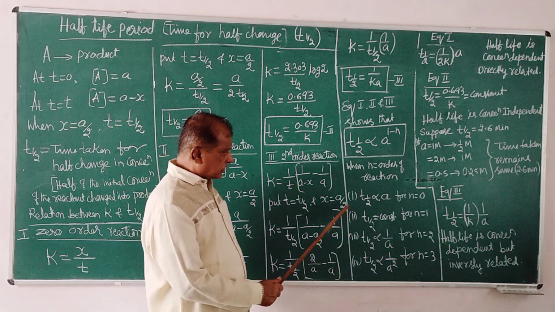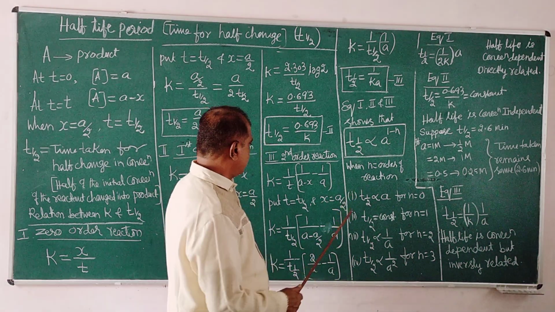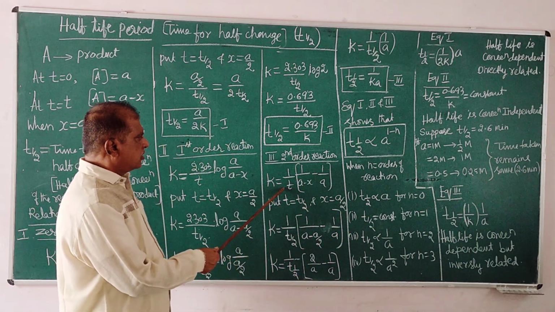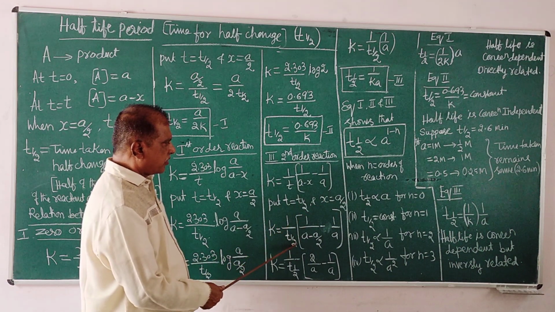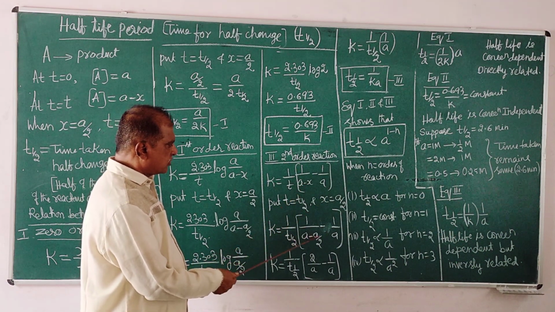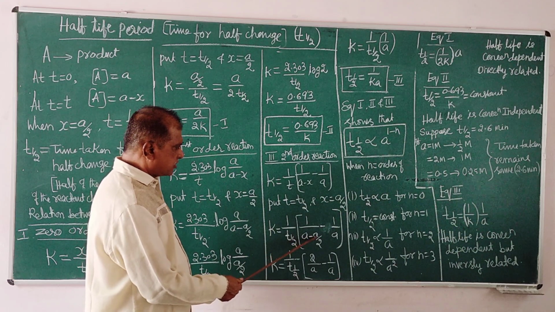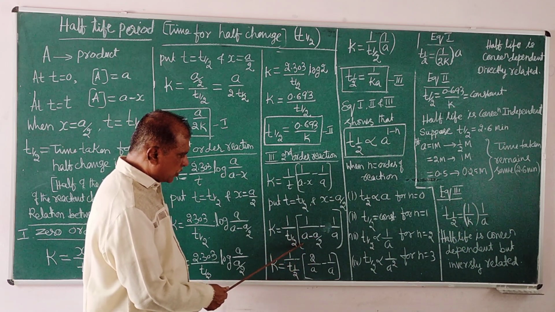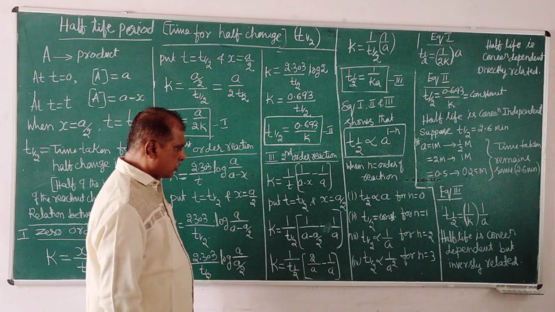Let us see what you get in the second order. Let us put these values into this. Same values. Simplify. You have put x equals a by 2, t equals t half. a minus a by 2 is a by 2. 1 over a by 2 is 2 by a, minus 1 by a.